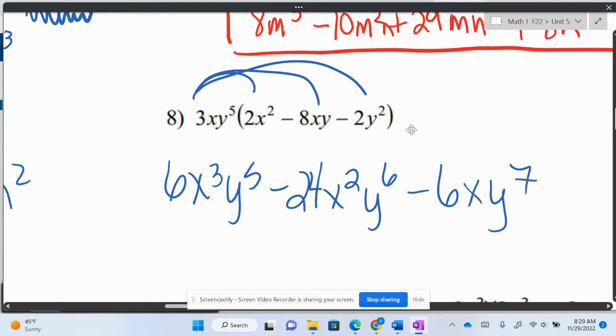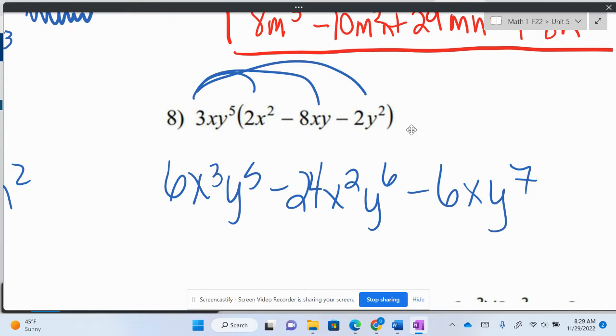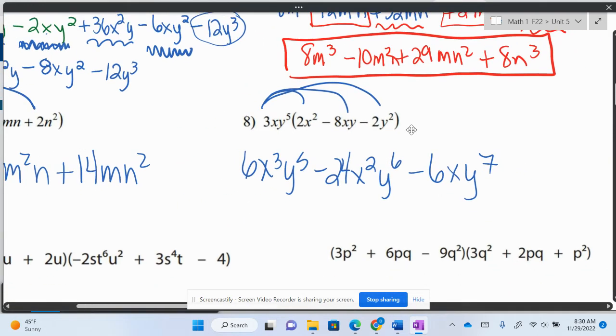That's exactly what I got. 6x cubed y to the 5th minus 24x squared y to the 6th minus 6xy to the 7th. Good job. That one made you nervous because of how high the exponents were? Yeah, you did that right perfectly. Okay.